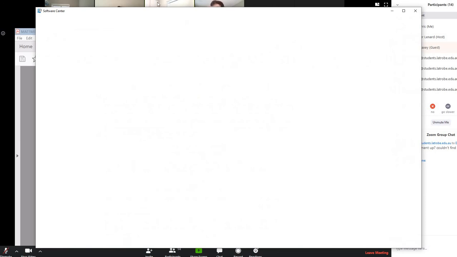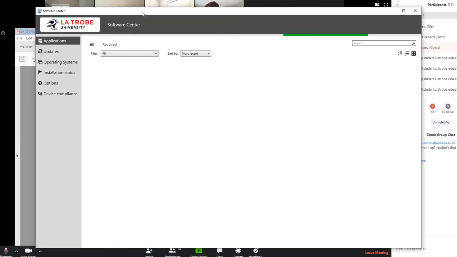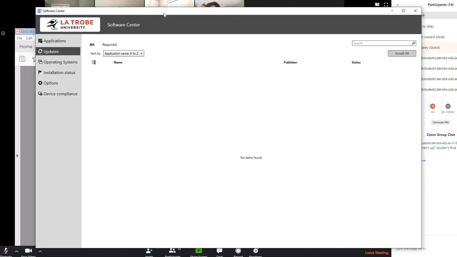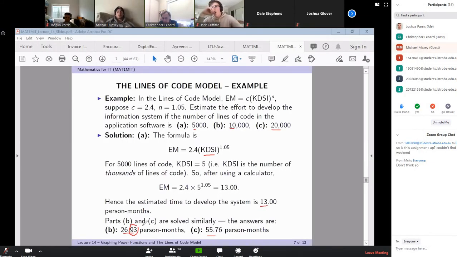So doubling the amount of code requires a little bit more than doubling the amount of time required to do it. And if we go from 10 to 20, again, that's a doubling. From 26.93 to 55.76, which is a bit more than double the 26.93.